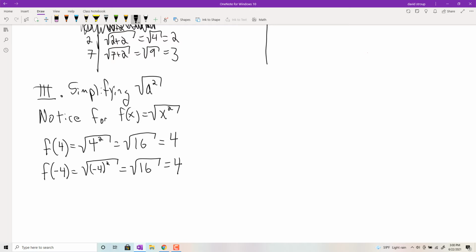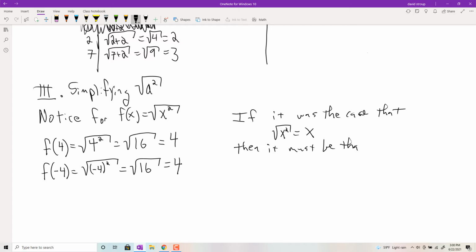So if it was the case that the square root of x squared equaled x, then it must be that the square root of 4 squared would equal 4, and the square root of negative 4 squared would equal negative 4.